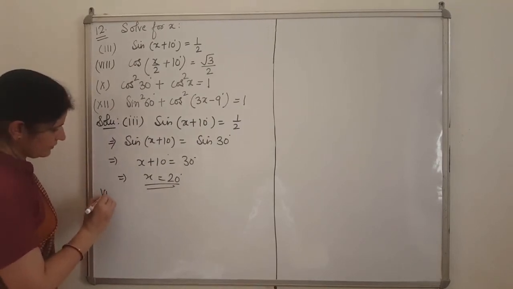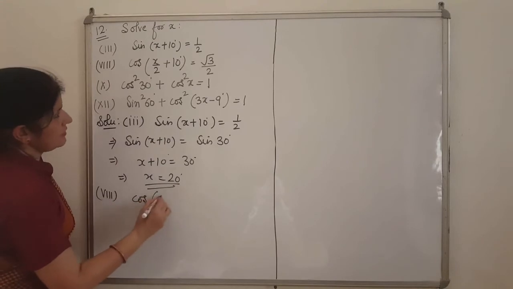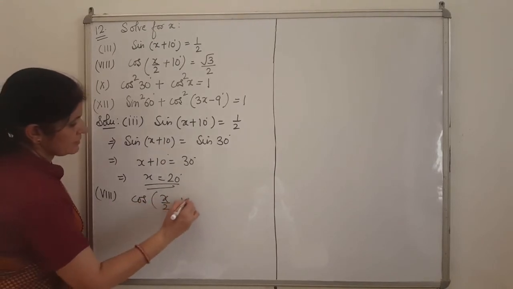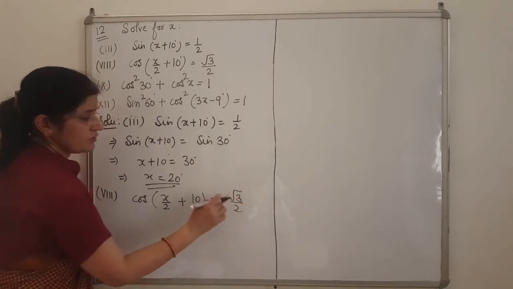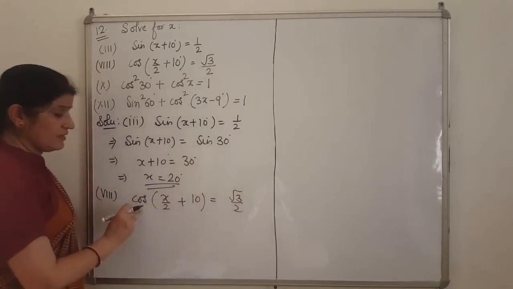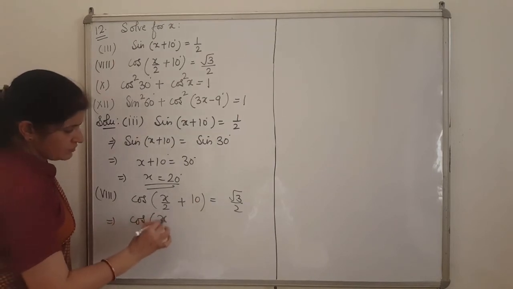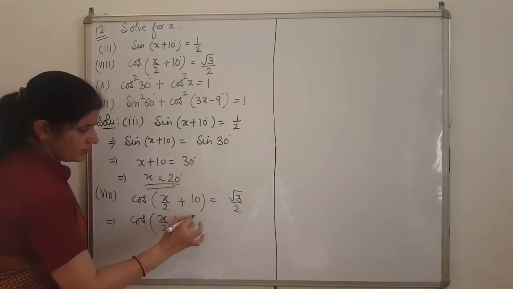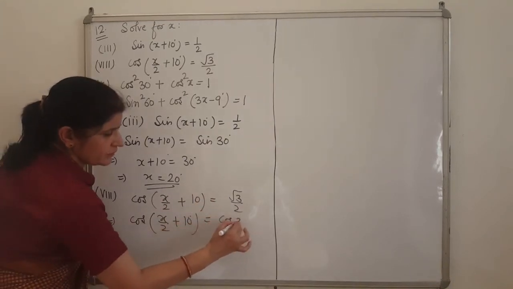Now eighth part, cos(x/2 + 10) equals root 3 over 2. Now this root 3 over 2 value we will see in cos. It is cos 30. So this root 3 over 2 we can substitute as cos 30.